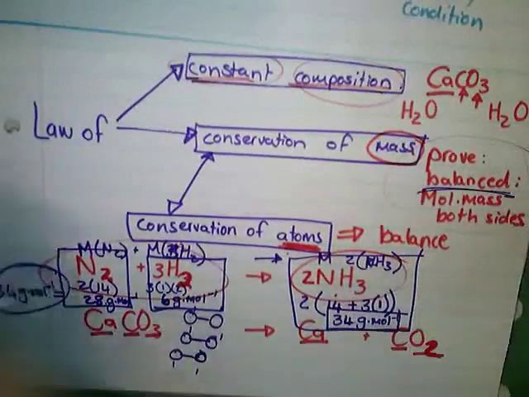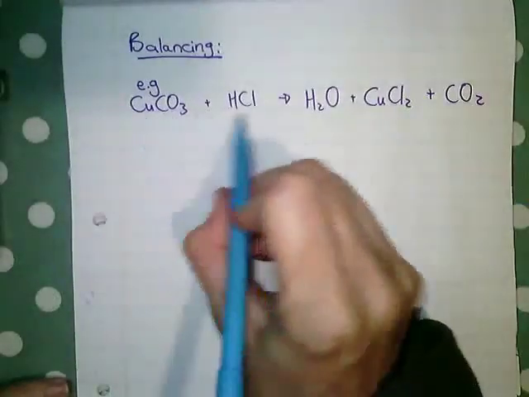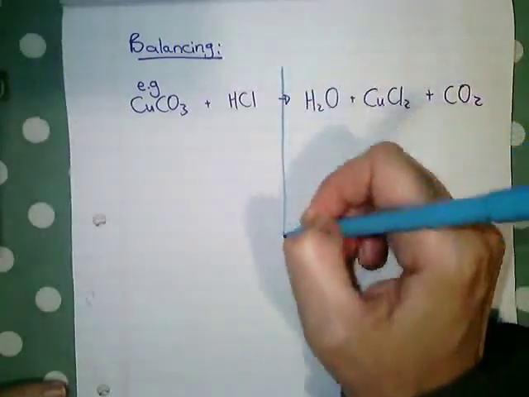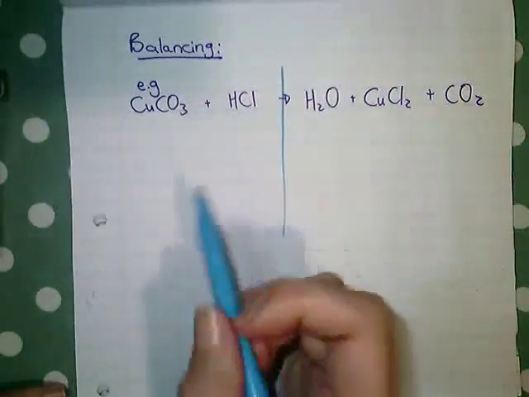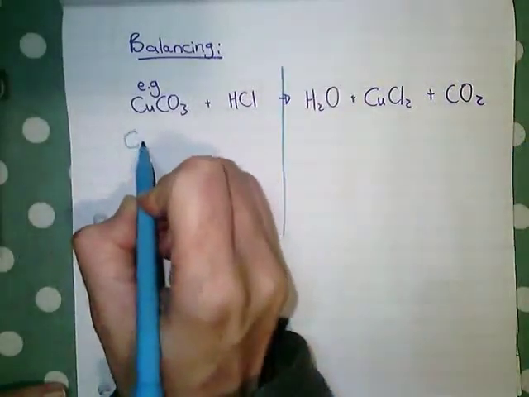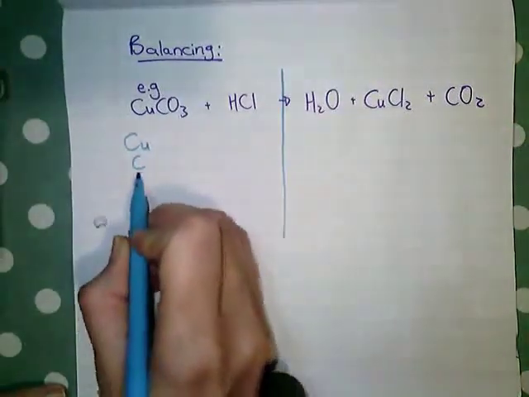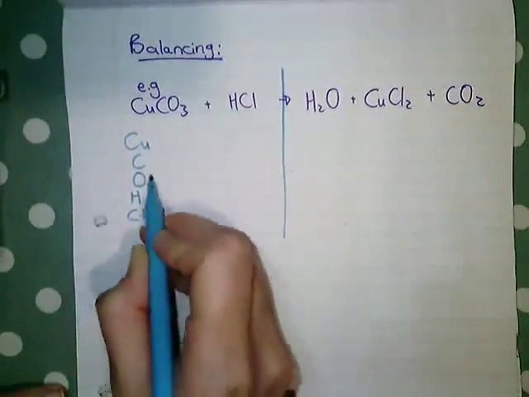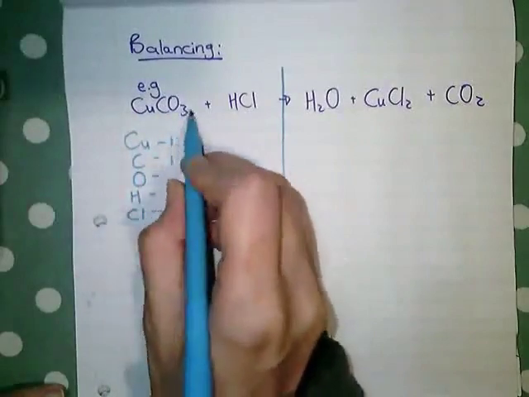Next, just a reminder of how balancing works. If we have this reaction as an example, the first thing we do is separate the reactants from the products. Then we write a list of each element: copper, carbon, oxygen, hydrogen, and chlorine. And we count how many we have to start with: 1 copper, 1 carbon, 3 oxygens, 1 hydrogen, 1 chlorine.